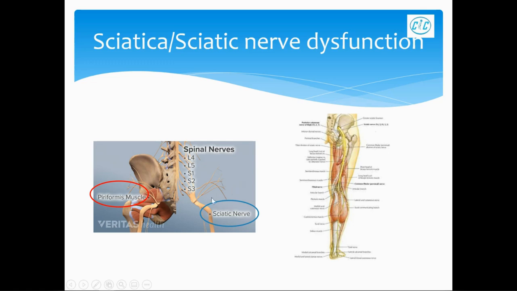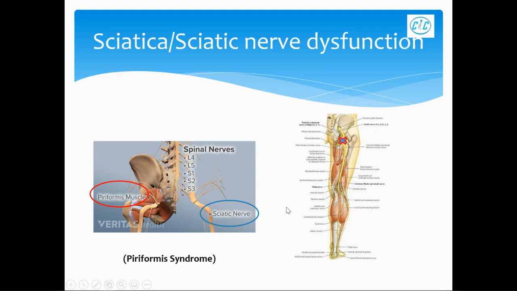Many times you see that it is irritated because of this muscle that we talked about on the previous slide, which is called the piriformis muscle, that has attachment to the sacrum and also to the side of the hip joint. And here is the sciatic nerve sitting right here, with a distribution that goes all the way to the foot, the lateral side of the foot.